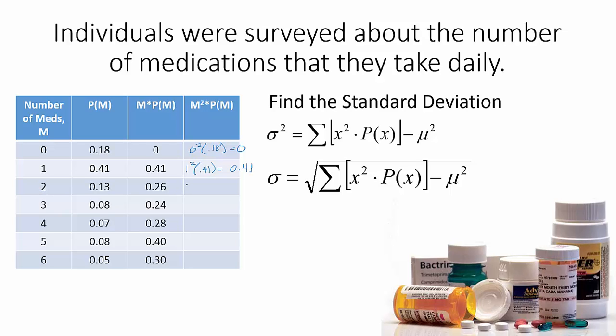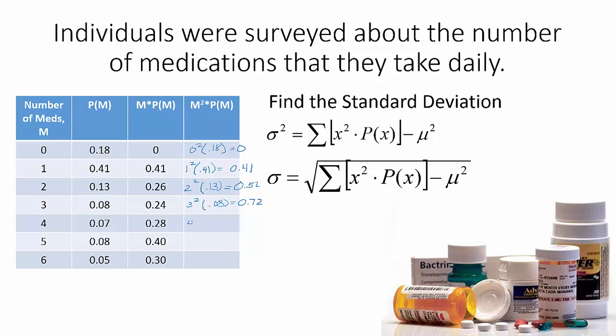Next one, I'm going to do 2 squared. So I can do that in my head and have 4, or do that on my calculator. And so I'm really taking 4 times 0.13, that probability, and on my calculator that came out 0.52. Next one, I do 3 squared. 3 squared is 9, so it's really 9 times the probability, 0.08. And again on my calculator, 0.72.